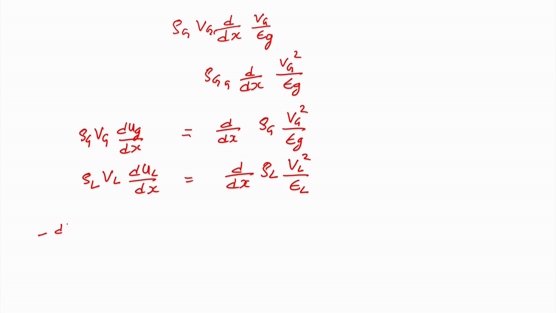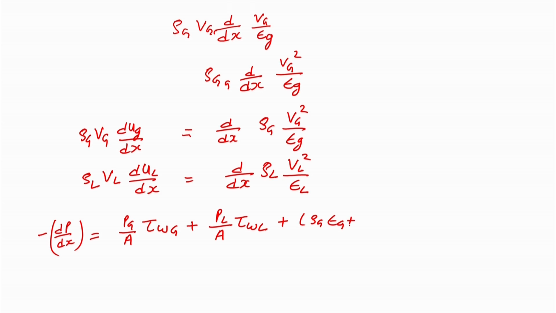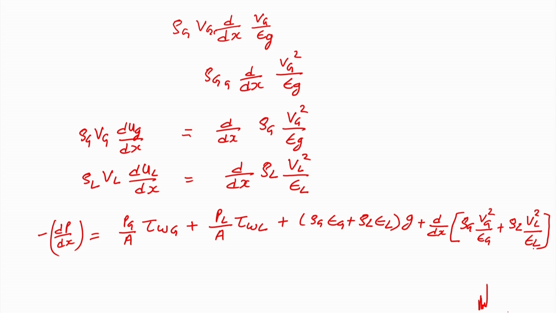Minus dp by dx will be equal to Pg upon area tau Wg plus PL upon area tau WL plus rho G into epsilon G plus rho L into epsilon L, into gravity, plus d by dx of rho G V square G upon epsilon G plus rho L V square L upon epsilon L. So this will be my equation for the homogeneously mixed two-phase flow.